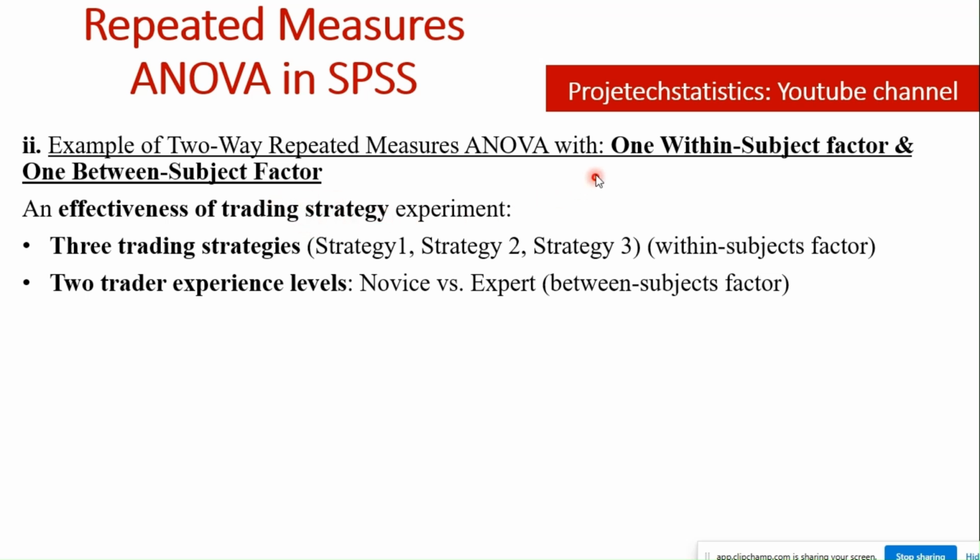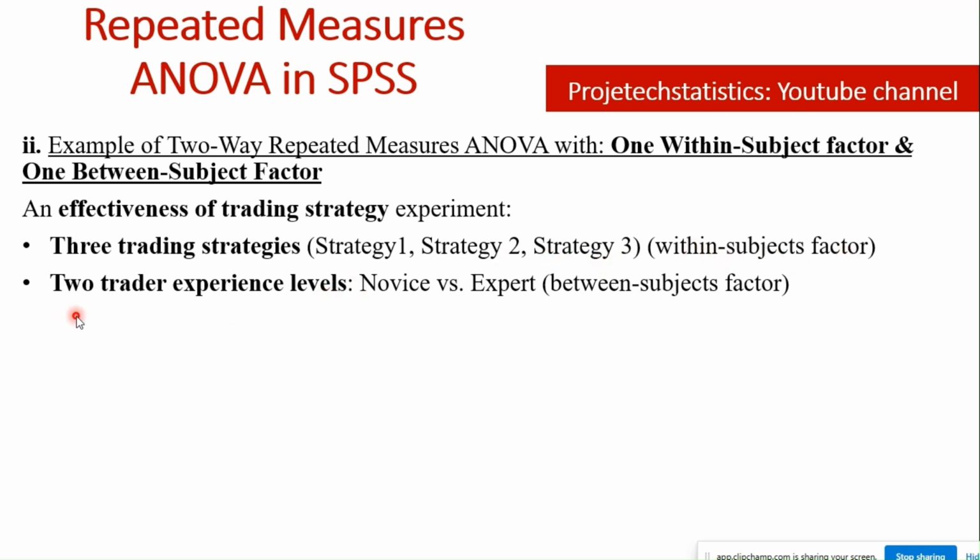But if all the individuals involved in the experiment are in one group, even if there are 10 in that group, but they're in one group of 10 persons, that is when you have within group subjects. In that situation, you are not going to have between group subjects. So here, an effectiveness of trading strategy experiment. Here we have three trading strategies, strategy 1, 2, 3. So these three are within subject factors.